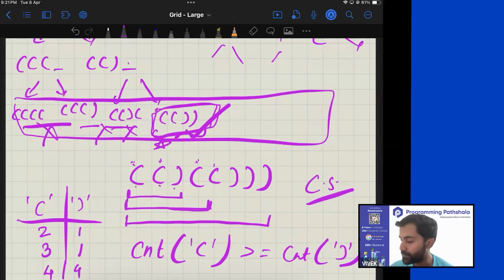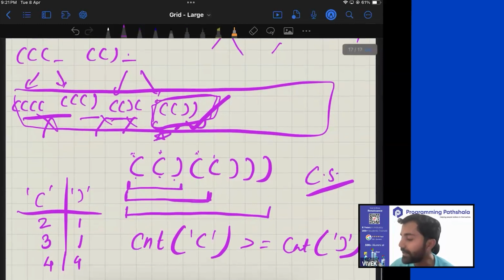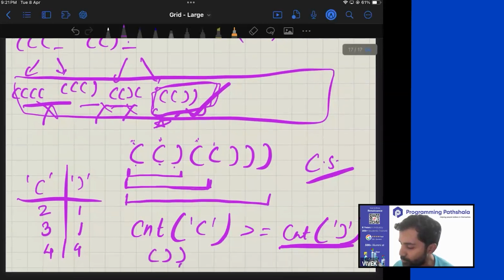Why? Because can it ever happen that the number of closing brackets is more? If you have one more closing bracket, it means it doesn't have an opening counterpart. There is no bracket coupled with it as opening. So this is going to be a problem.